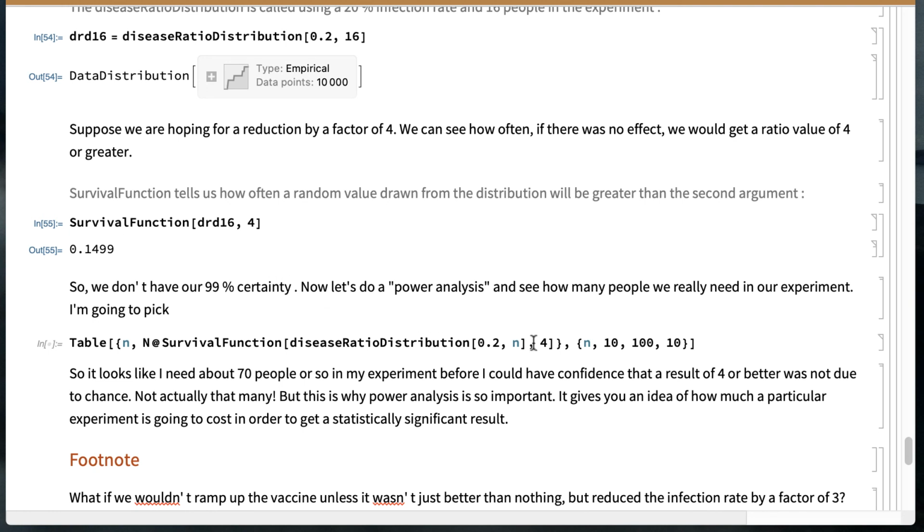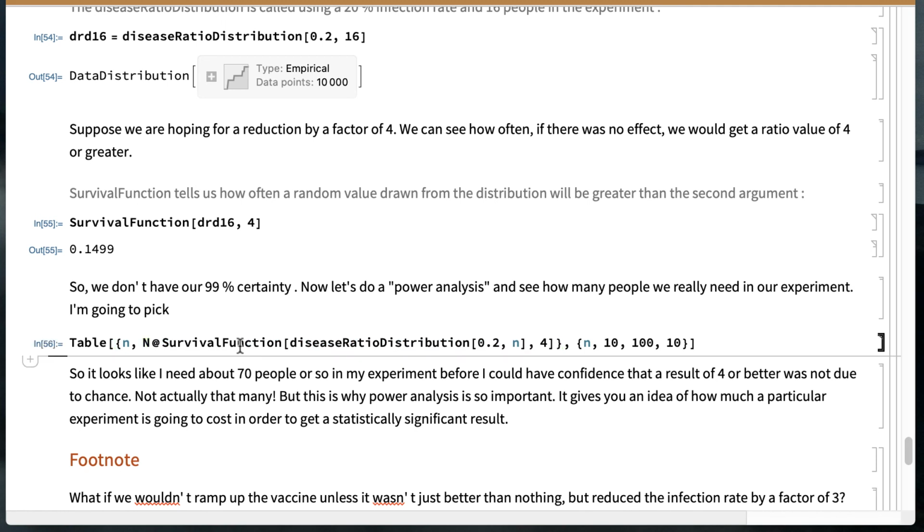So I wonder how many people we really do need in our experiment before a factor of 4 we can say that that's suggesting that this vaccine is working. So here I'm going to let n, the number of people in our experiment, range from 10 to 100 in increments of 10, and we're going to look at how often our ratio is bigger than 4.